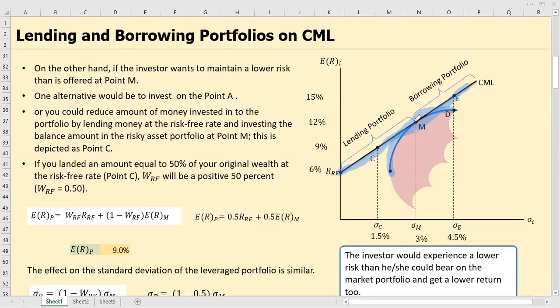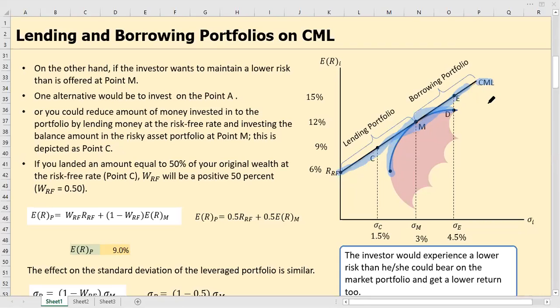So that is where the slope of the CML becomes equal to the slope of the mean efficient frontier. There is a slope for the mean efficient frontier, which is a curve, and there is a slope for the capital market line.